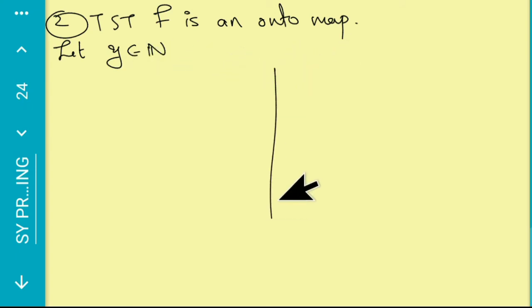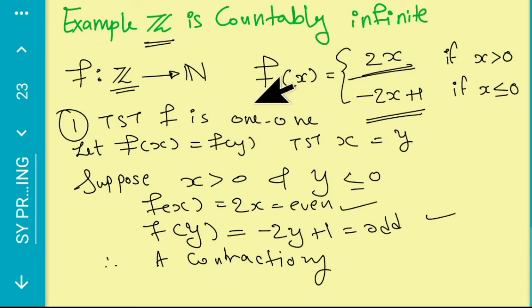Okay. So if y is even, then y must be the image of what? Just consider this. If y is even, it means we are considering this case, correct? That means whatever the pre-image is must be greater than 0. And also it is half of that y, since 2x is nothing but the image of x.